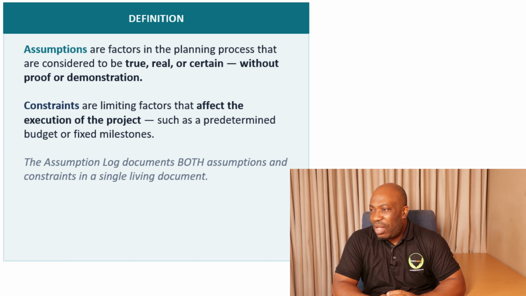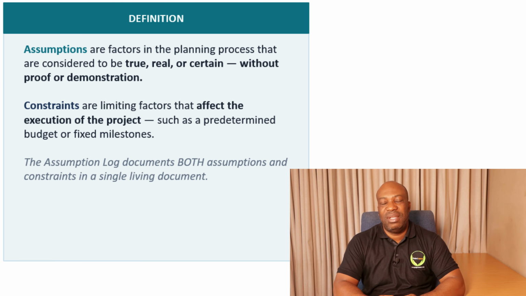Then a constraint is considered to be a limiting factor that affects the execution of a project, such as predetermined budgets or fixed milestones. Let me expand a bit on this. Constraints are everywhere. In every project environment, you always find some constraints. It could be a resource constraint, which could be human or non-human.